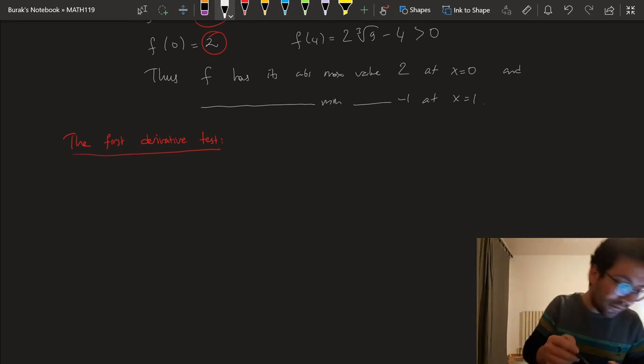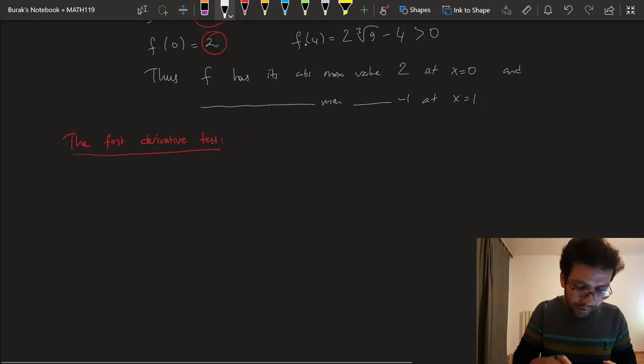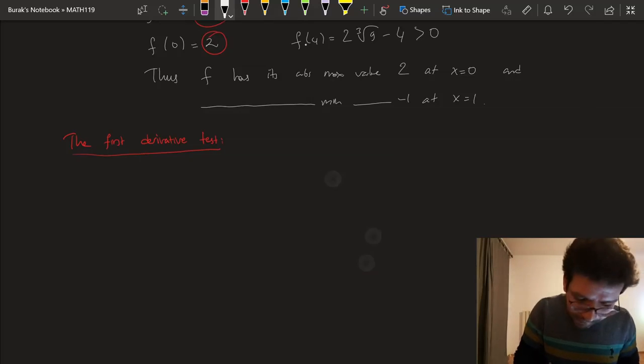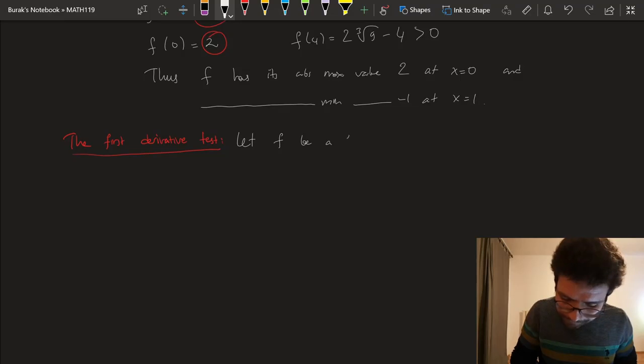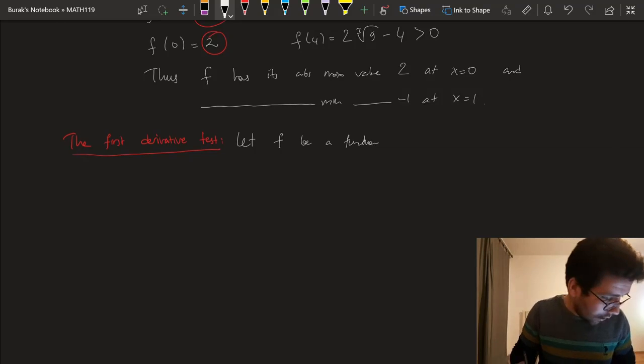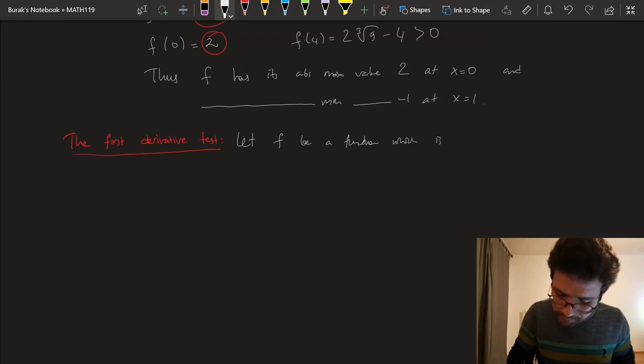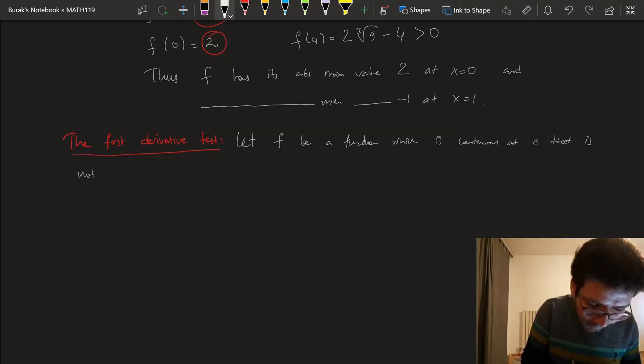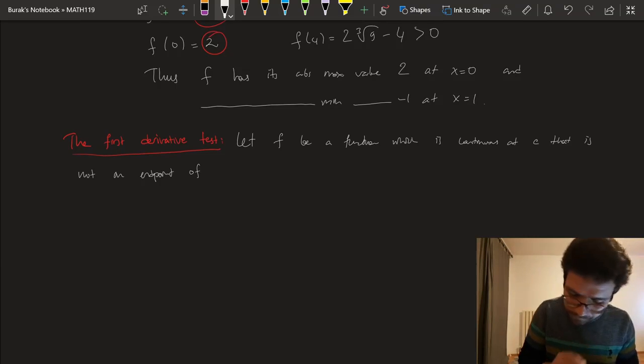So how does the first derivative test work? Okay, let f be a function which is continuous at a point c that is not an endpoint of f.